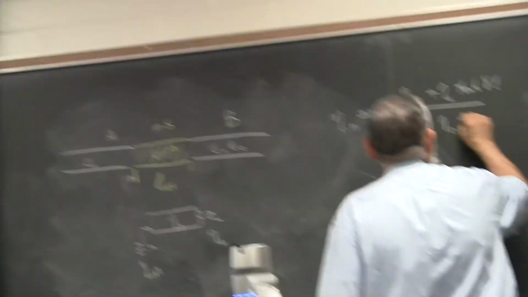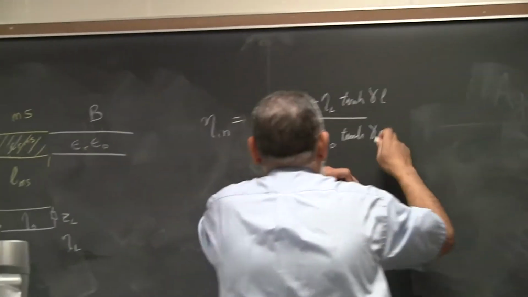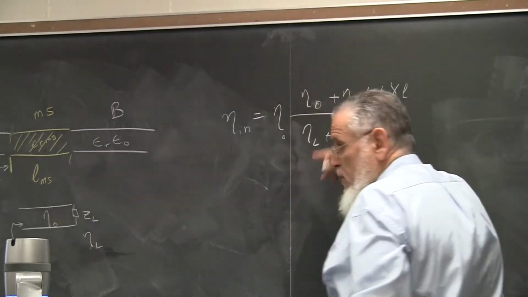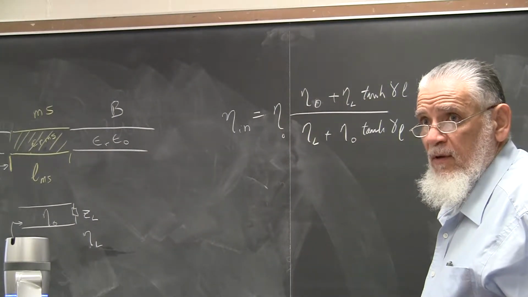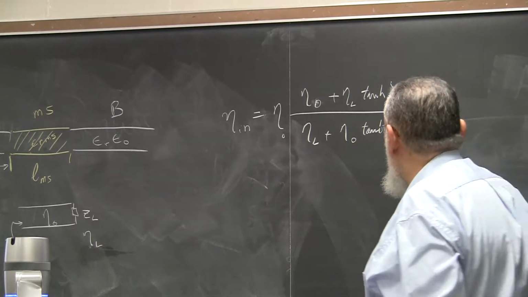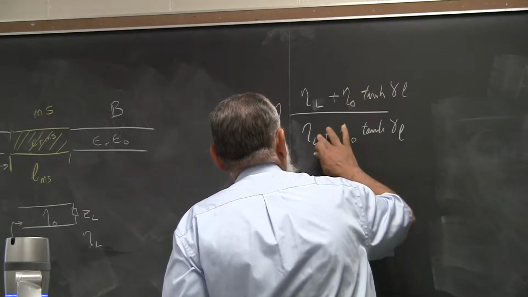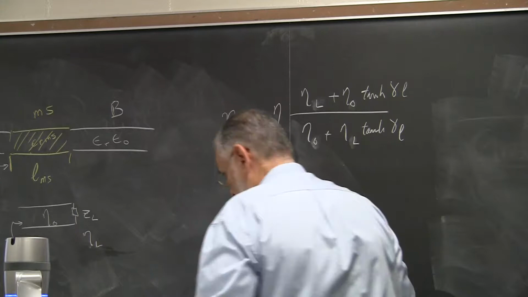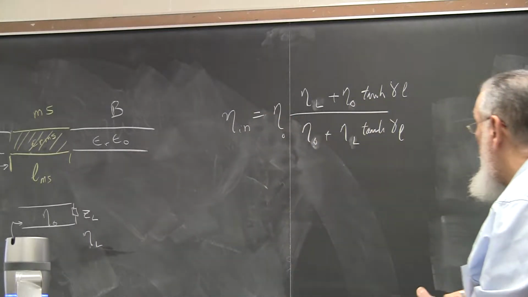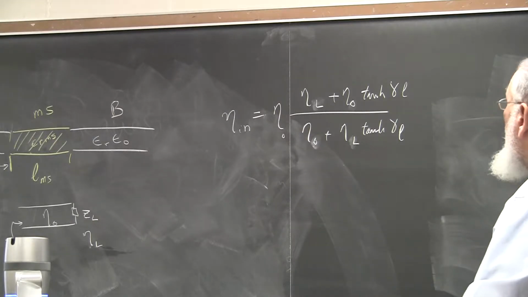You guys can confirm that later on. It's either that or eta naught times the other one. It could be backwards here, right? Is it backwards? Yes. You think so? You all think so? All right. Like I said, I don't try to memorize equations, I usually derive them. So if you have a memory better than mine, then this is what you have.